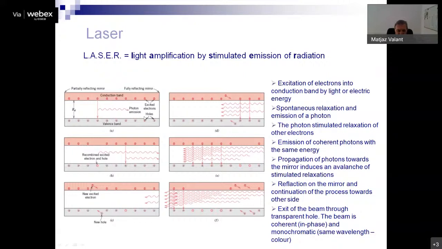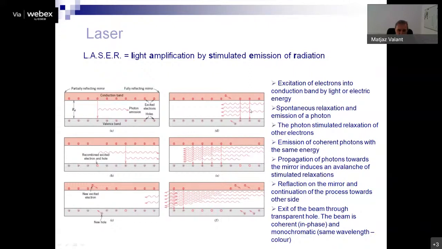So what happens is they start traveling in phase, coherently together. More of such events happen, and they come to the end of the slab. Here we have a mirror so that the photons bounce back, reflect, and start traveling in another direction. And they trigger more of these events, an avalanche of these events.